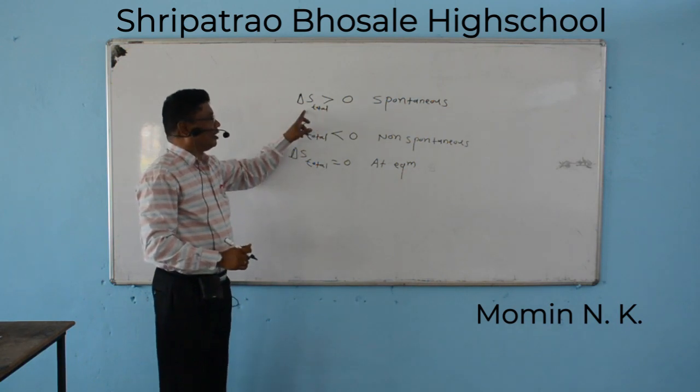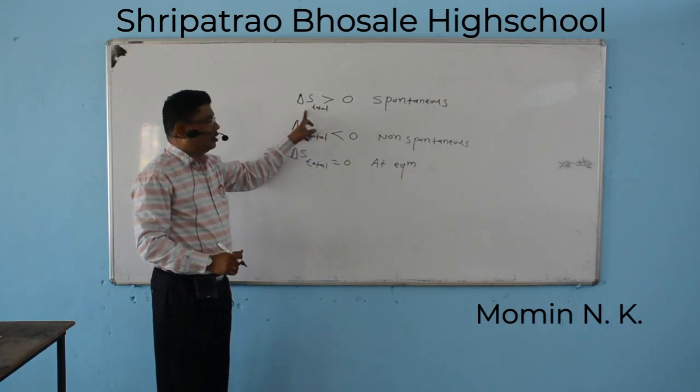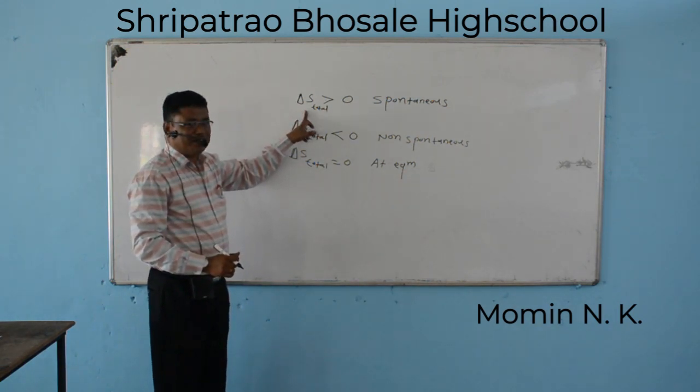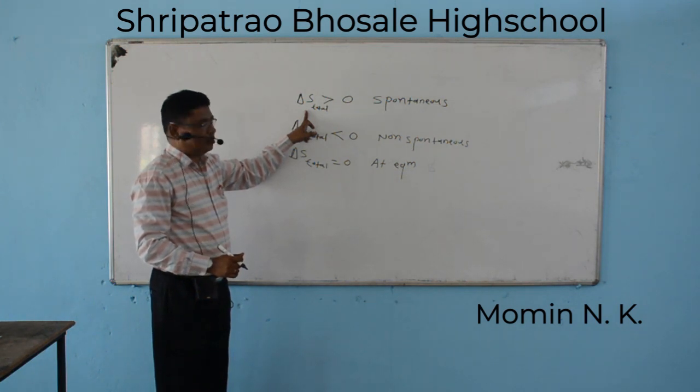And whenever delta S total is equal to 0, the process is at equilibrium. You know that delta S total means delta S system plus delta S surrounding.